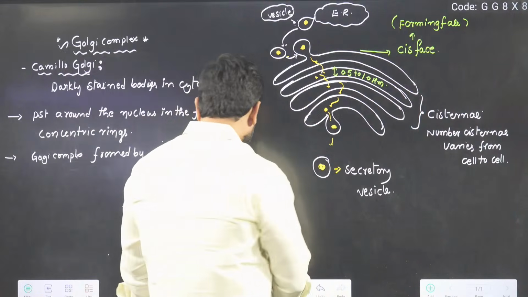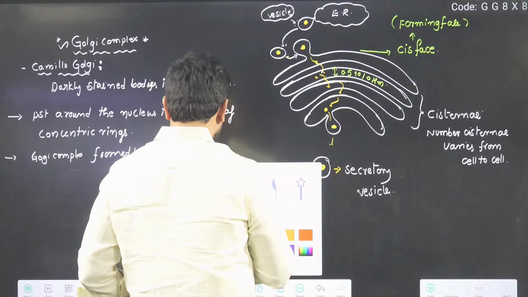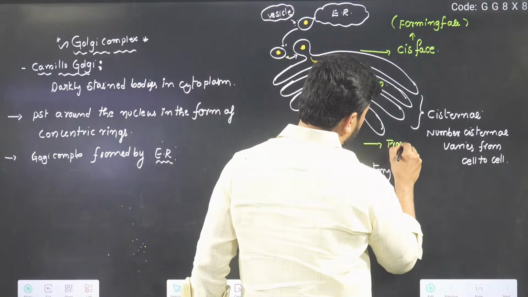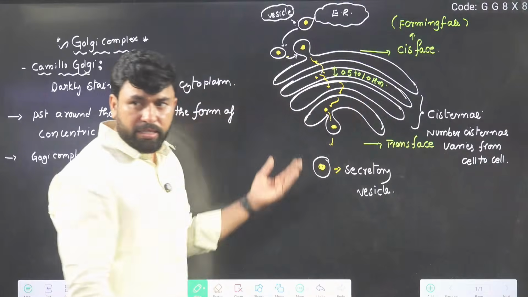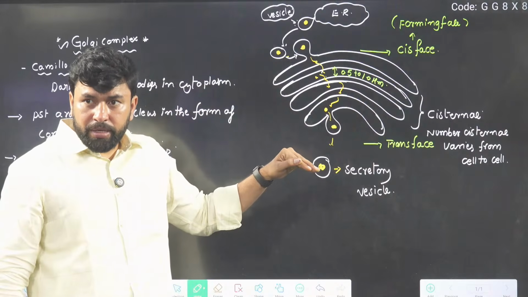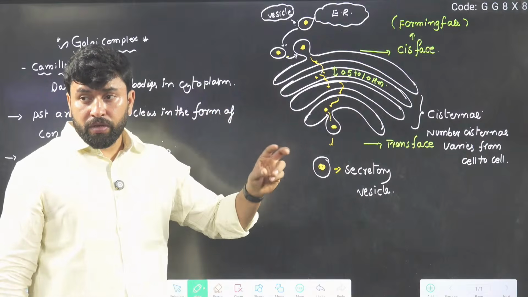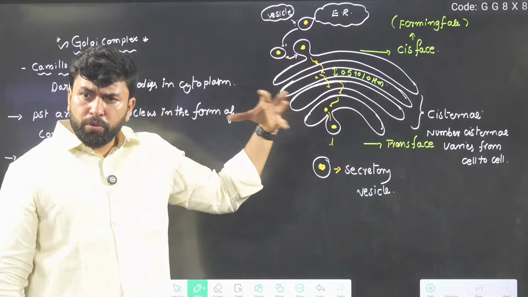Next, away from the endoplasmic reticulum, you will see the development of the trans phase. Trans phase is present away from the endoplasmic reticulum. This trans phase is the phase where the Golgi complex contains matured proteins.